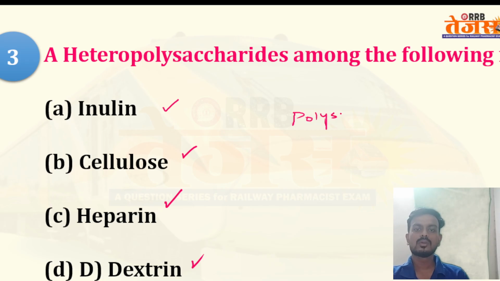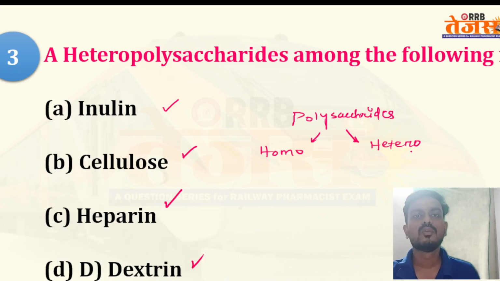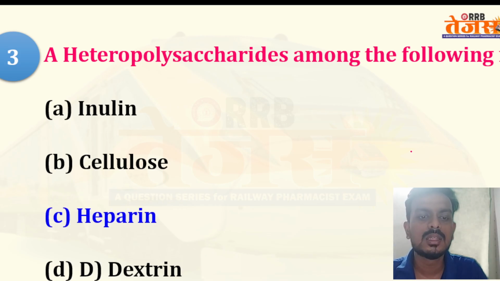Polysaccharides are broadly divided into two classes: homopolysaccharide and heteropolysaccharide. When a similar type of compound forms a polysaccharide, it is called homo. When different types of compounds are there, we call it hetero. So the right answer is heparin.